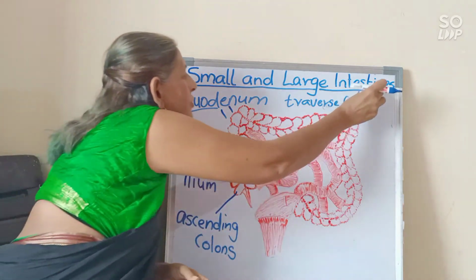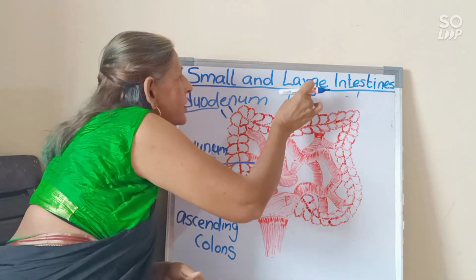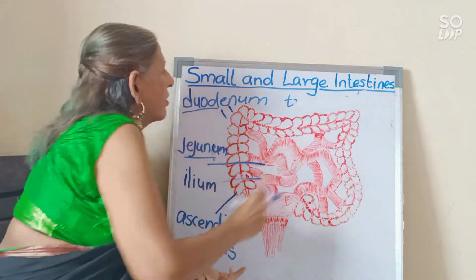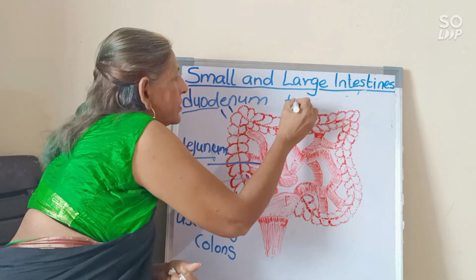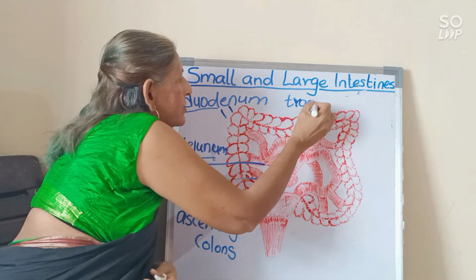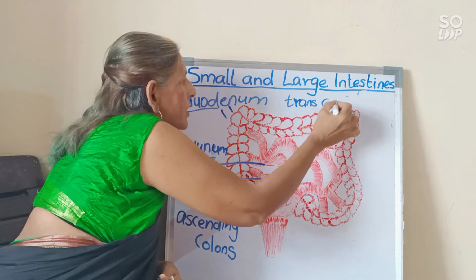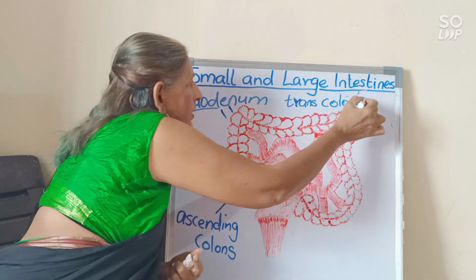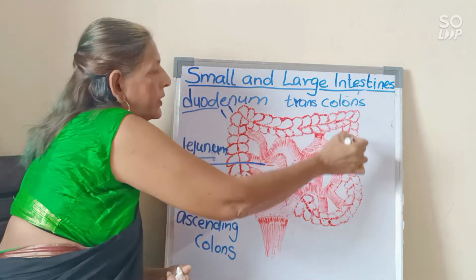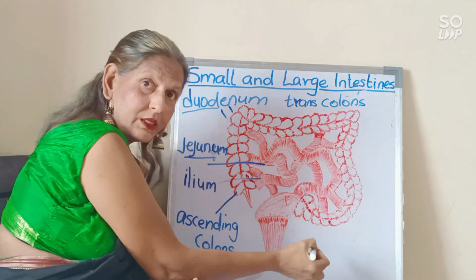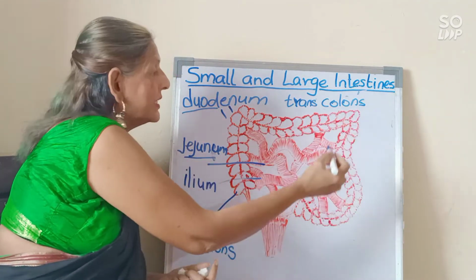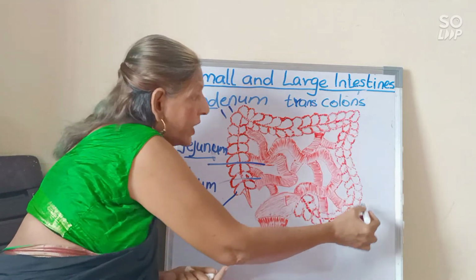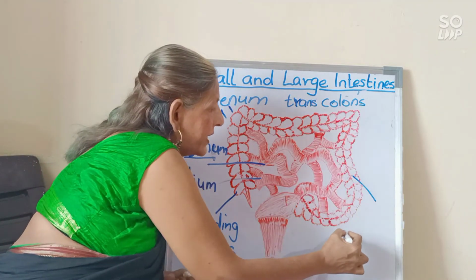Let's write the transverse colons. One minute. And these colons which are coming downwards are called the descending colons. What are they called? Descending colons.